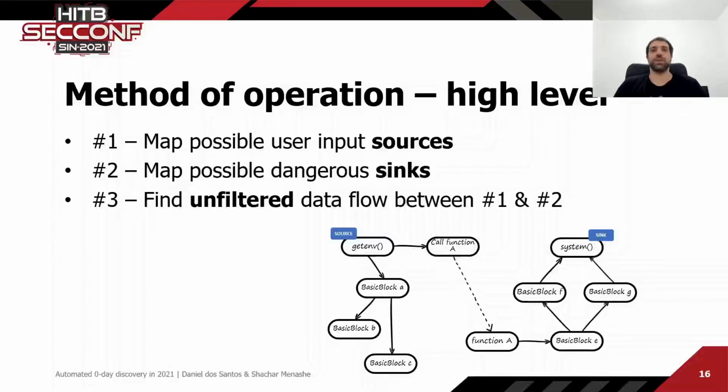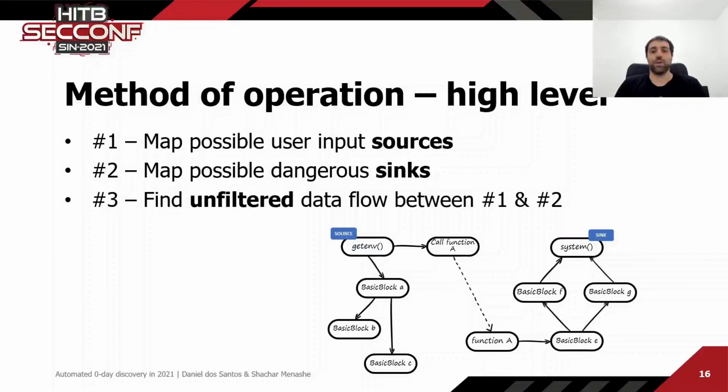That's what we call the leaf or the end of the flow, a sink function. So this will be a dangerous function or method that basically, when it gets user input, you know there's an exploit going to happen. So for example, for command injection, it's going to be system or popen. For buffer overflow type vulnerability, it's going to be strcpy or memcpy, things like that. So basically, these are the dangerous functions.